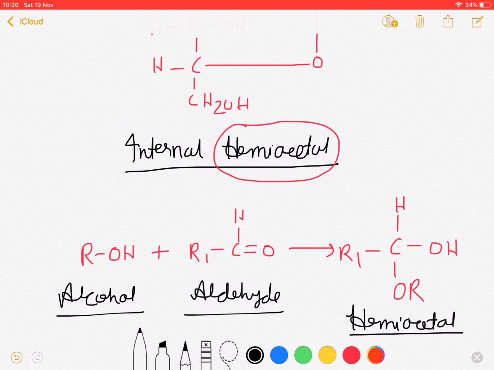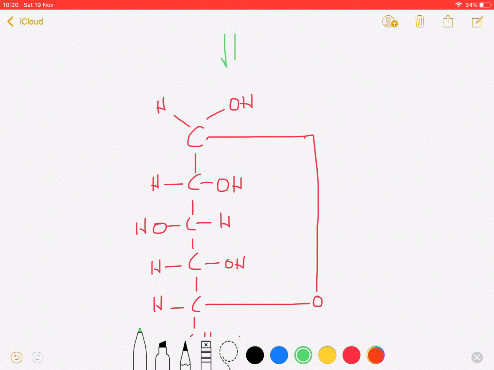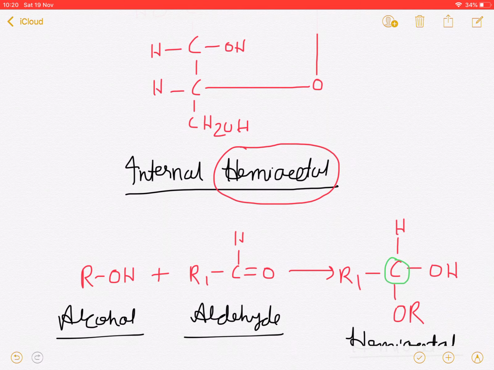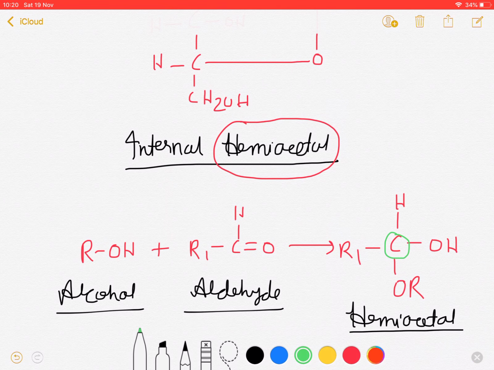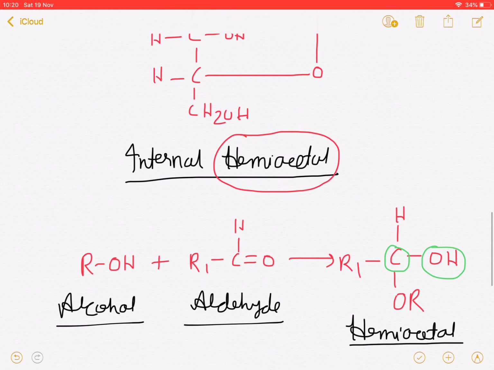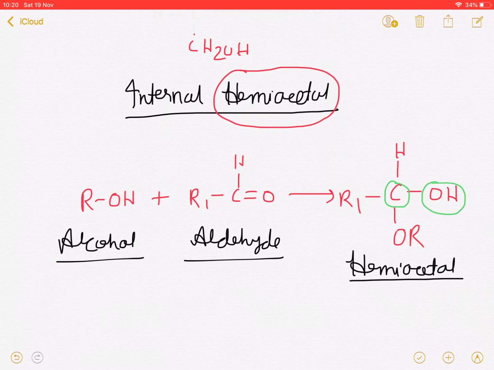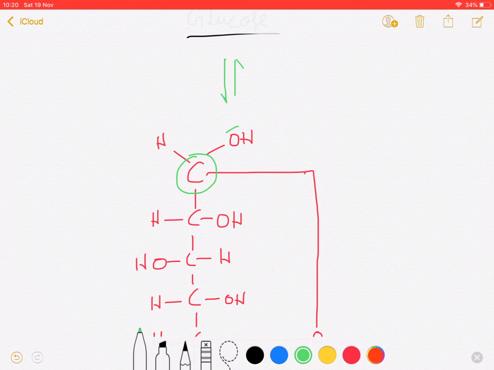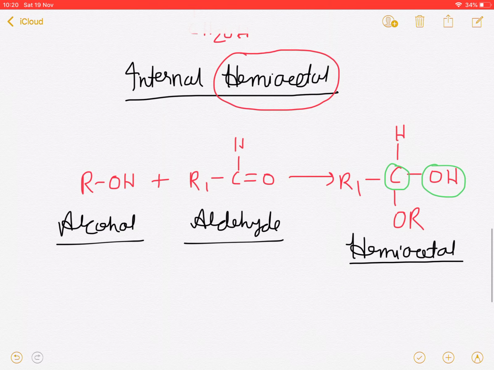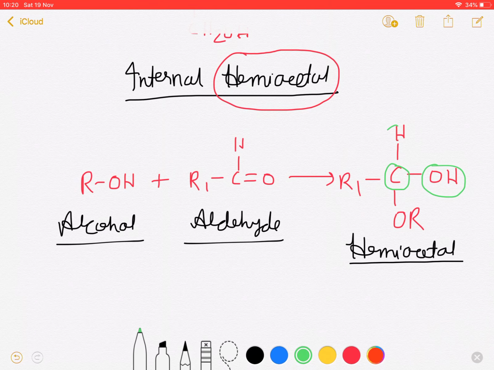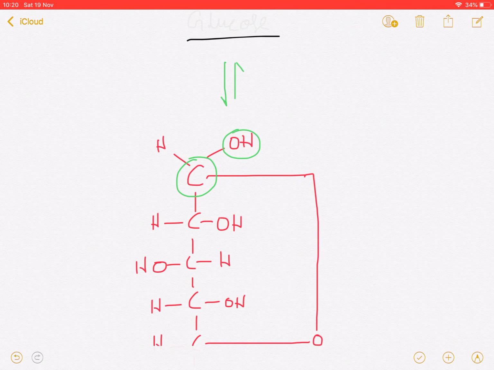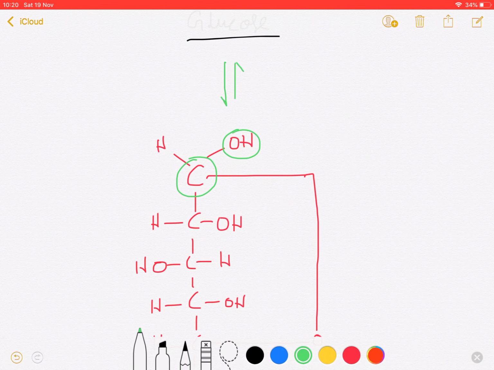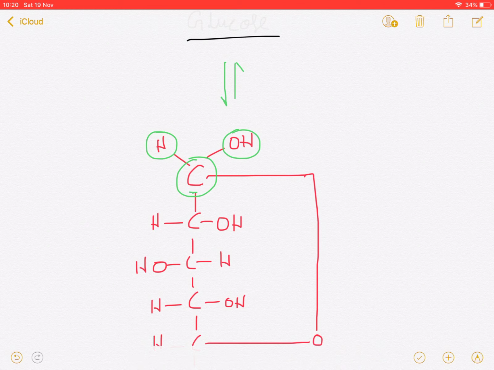So if you look inside the hemiacetal, this is the central carbon, and similarly this is the central carbon inside this internal hemiacetal form of glucose. And with the central carbon of the hemiacetal, OH is connected, and inside the glucose cyclic form with this carbon, OH is connected. And in the hemiacetal with this carbon, hydrogen is connected, and here also inside the cyclic form of glucose with this carbon, hydrogen is connected.